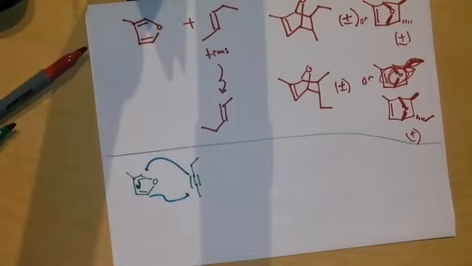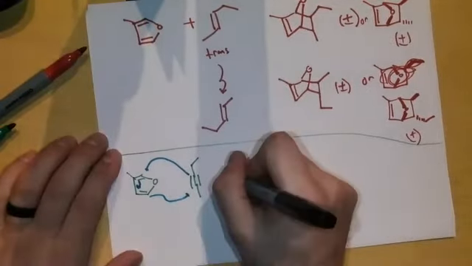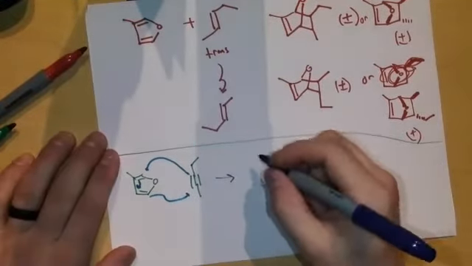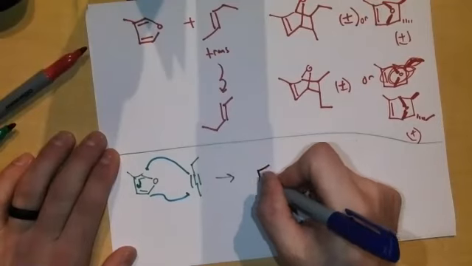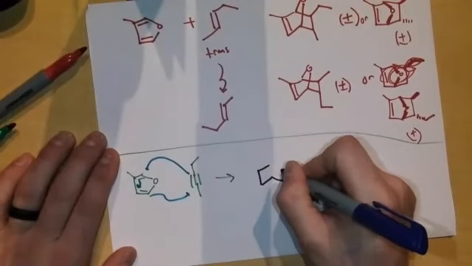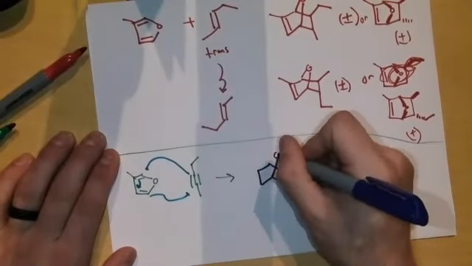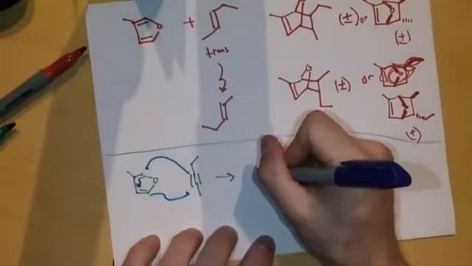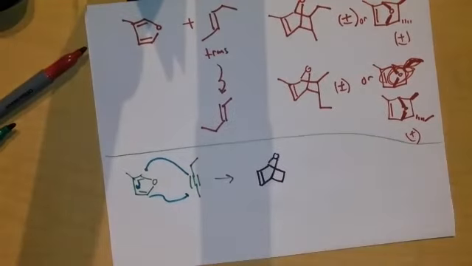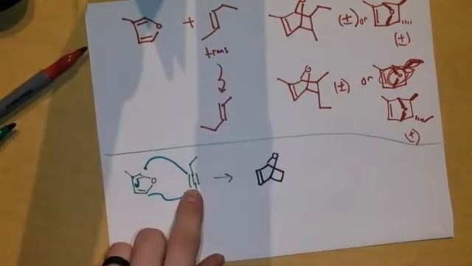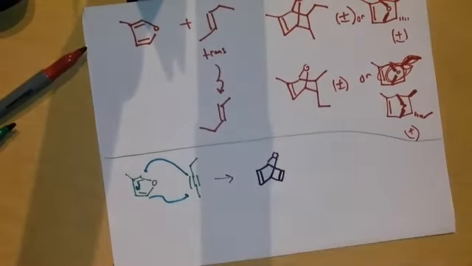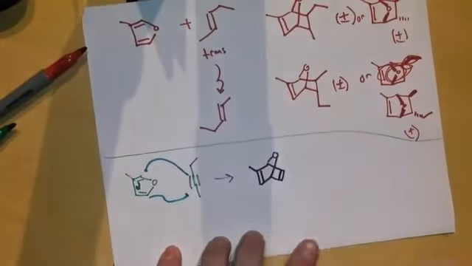This is going to lead to a 6-membered ring with an oxygen bridgehead. Double bond here. We only interacted with one of the two bonds from the triple bond, so we still have the other one there. Throw the methyl group here.